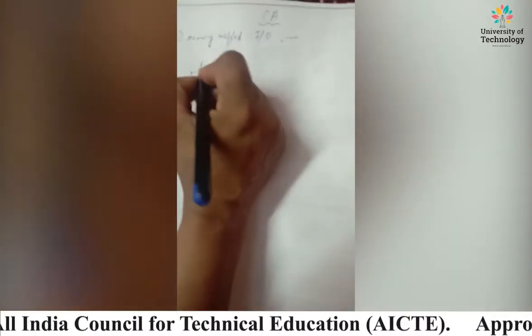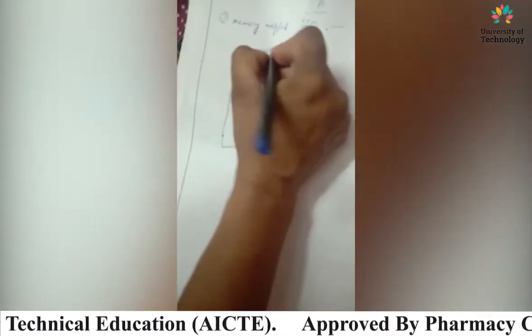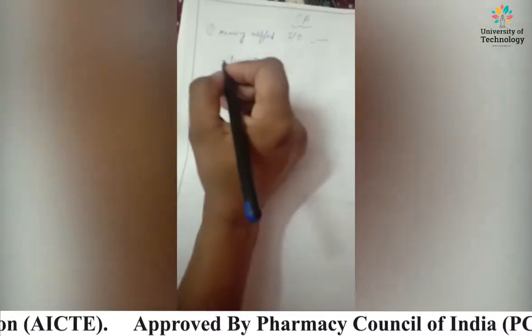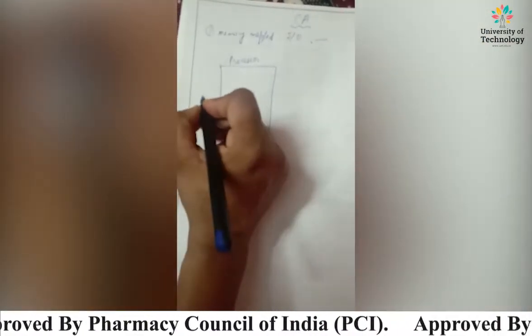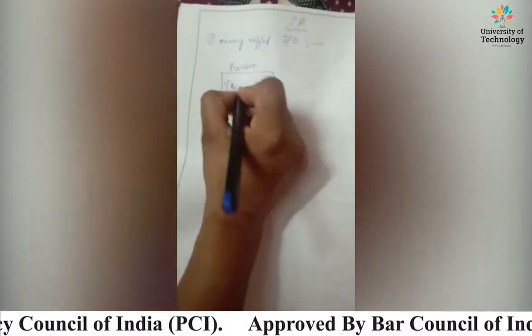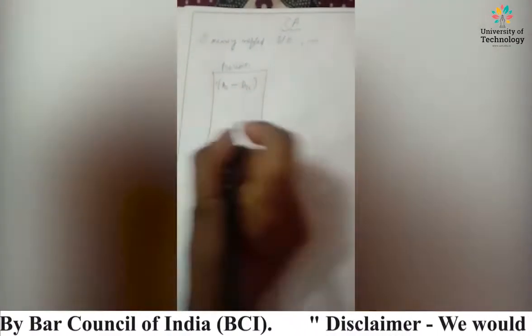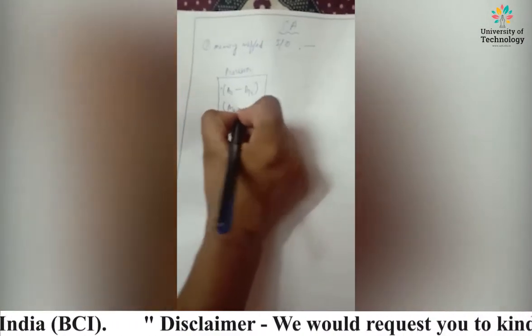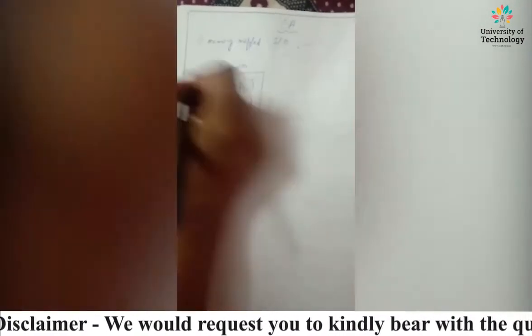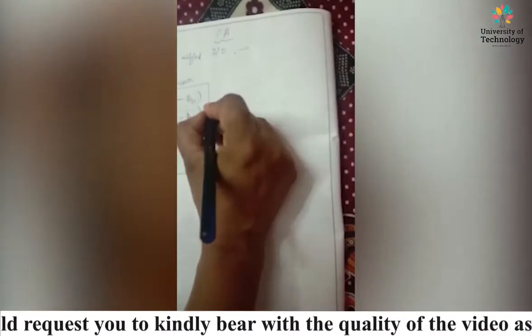This is the processor, and it is a 16-bit processor. Let's take it as 16 bits. It starts from A0 up to A15, so it is basically a 16-bit processor, and it has an address line.